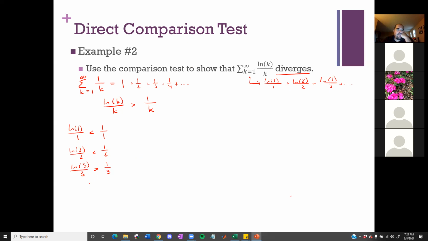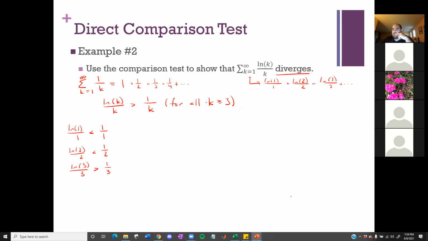Hopefully it's clear that the natural log of any number 3 or greater is going to be bigger than 1. So while this is not true for all k, this is true for all k greater than or equal to 3.